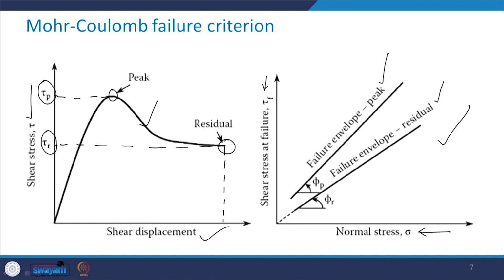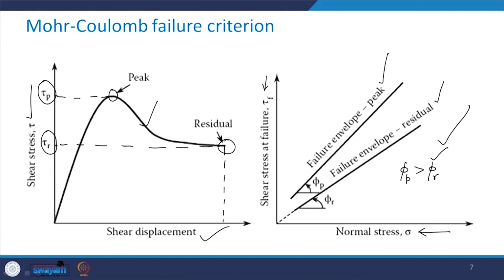You can see here that phi p is greater than phi r. This means that the friction angle corresponding to the peak condition is more than the friction angle corresponding to the residual condition.